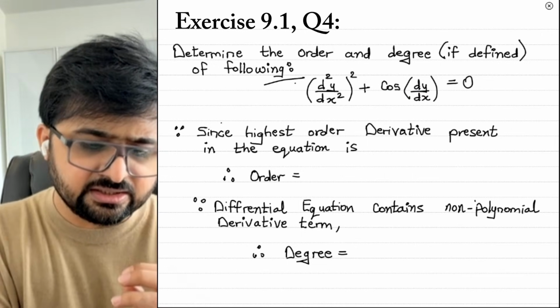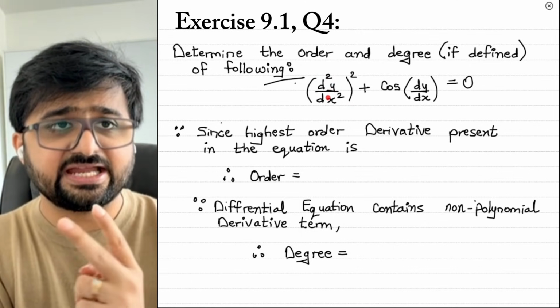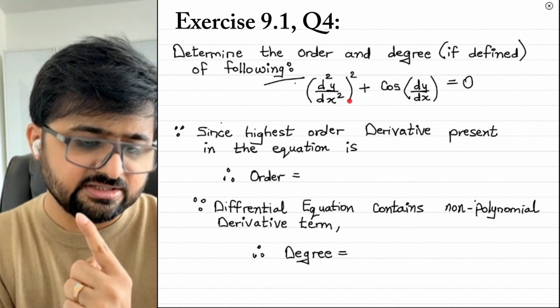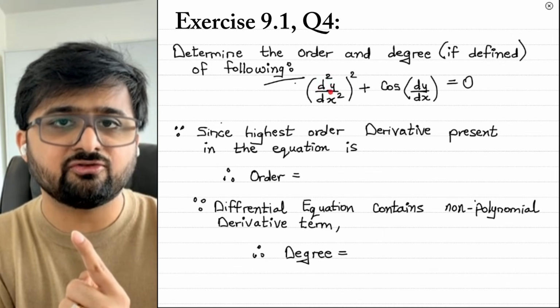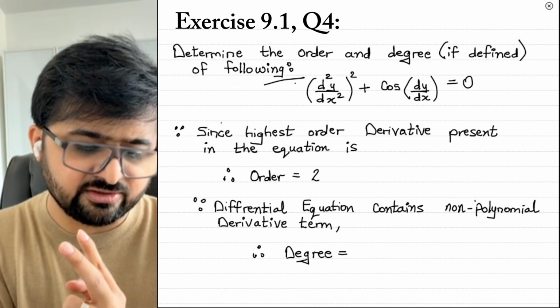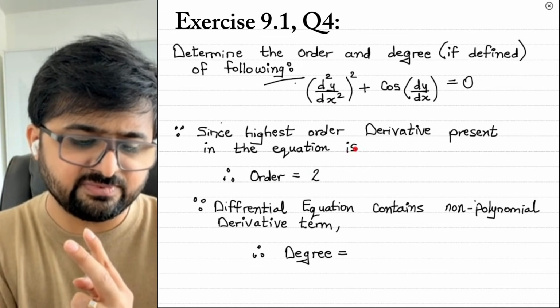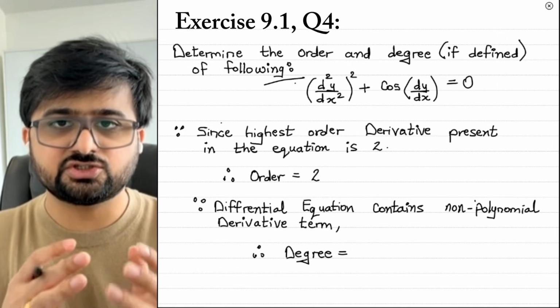There are two derivative terms: d2y by dx square, which is the second order derivative, and dy by dx, which is the first order derivative. Since the highest order of derivative in this differential equation is 2, it is a second order differential equation. In the exam, you write: since the highest order of derivative present in the equation is 2, therefore the order of this differential equation is 2.